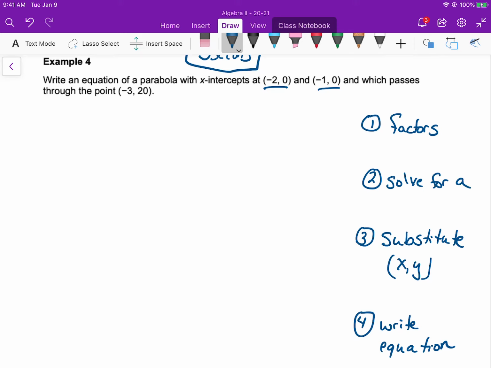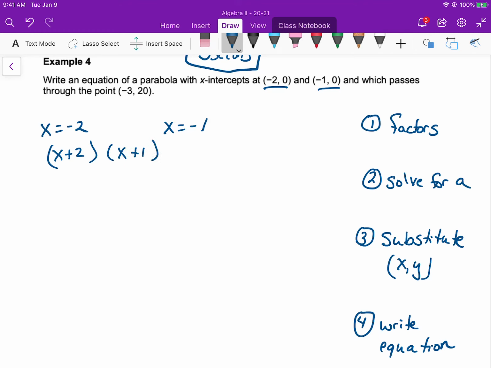What I mean by that is if I look at those two x-intercepts and I know that x equals negative 2 and x equals negative 1, I can work it backwards and think about my factors. If x equals negative 2, the factor that would have created that would be x plus 2. And the factor that would have created x equals negative 1 would be x plus 1.